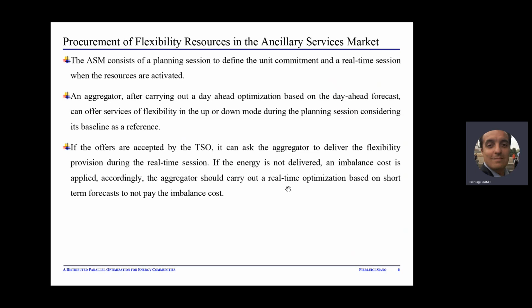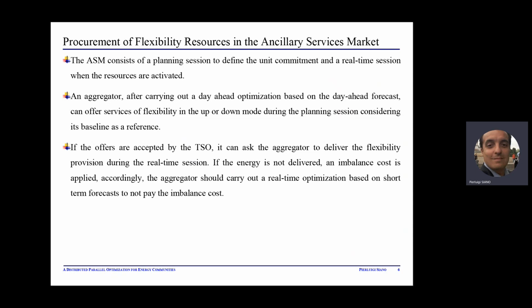The proposed methods consider both the planning and the real-time sessions to respectively define the unit commitment and the activation in the real-time session of the flexibility resources according to the Italian ancillary services market.